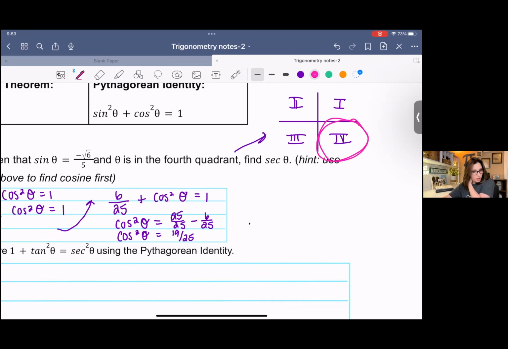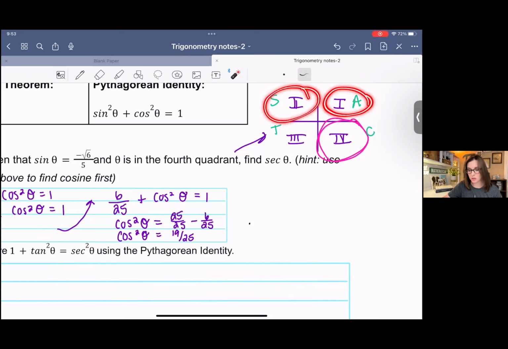And if you remember our memory device, all students take calculus, or awesome students take calculus, whatever. Basically that was showing where those functions are positive. So all functions are positive here, sine functions positive here, tangent functions, and then cosine functions, which means that if we're in the fourth quadrant, then cosine is positive.